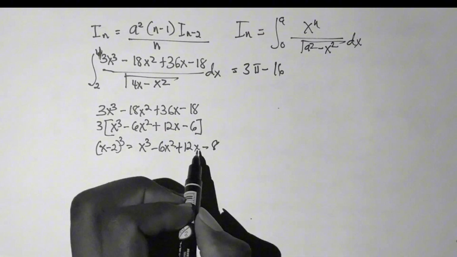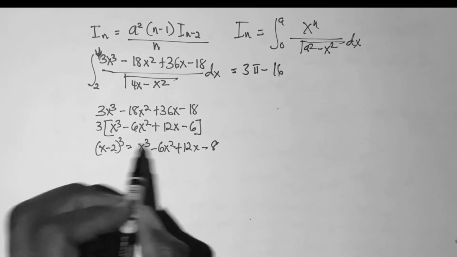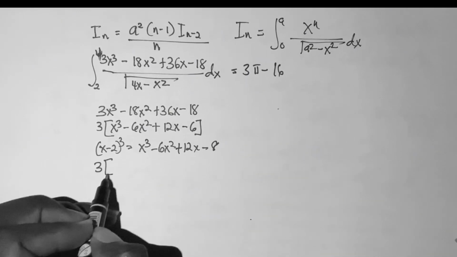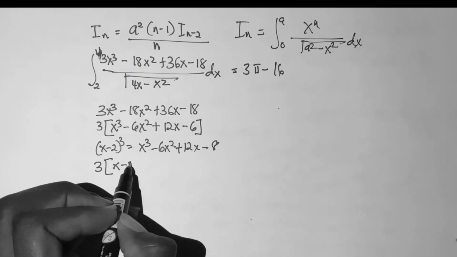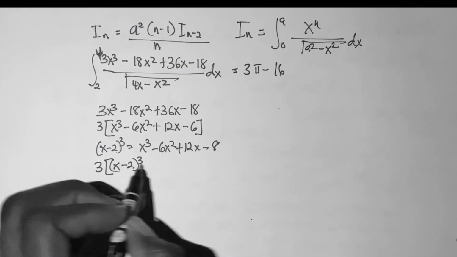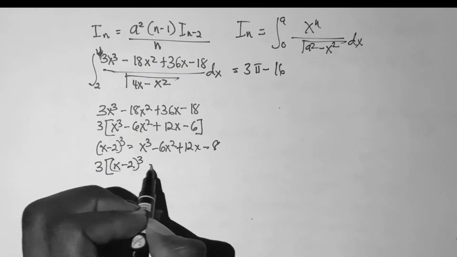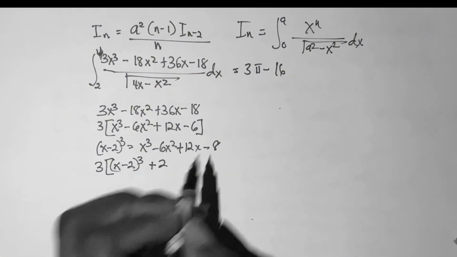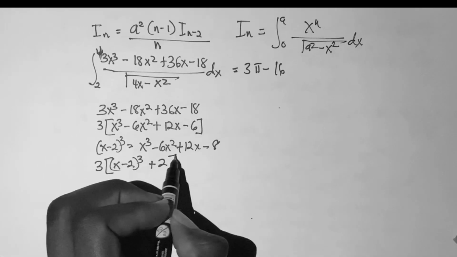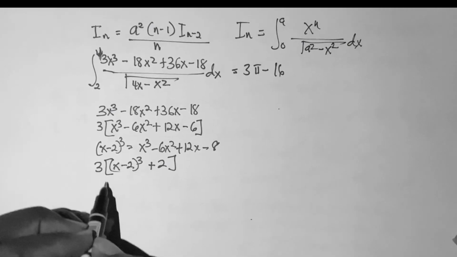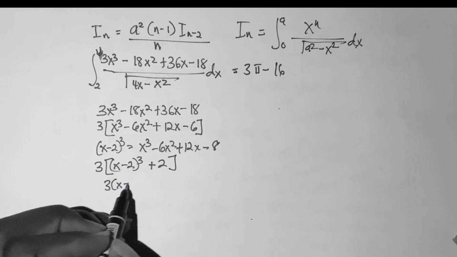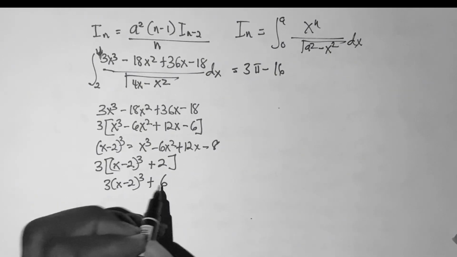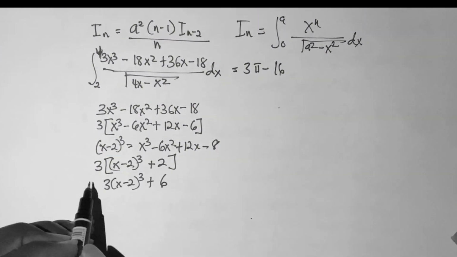So this can be written as 3 times (x minus 2) cubed and then plus 2, because minus 8 plus 2 gives minus 6. So the numerator can be written as 3 times (x minus 2) cubed plus 3 times 2, which is 6.